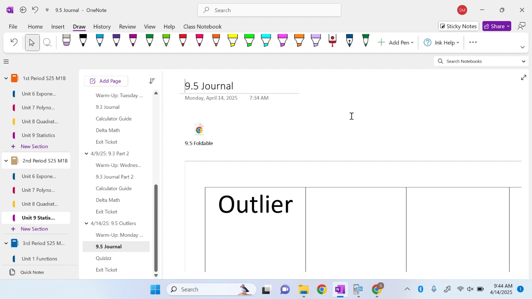Now we're looking specifically at more descriptive details with data. So that journal that you have, it is a trifold. It should open up so that you have the 4 flaps for spread, outliers, shape, and center.